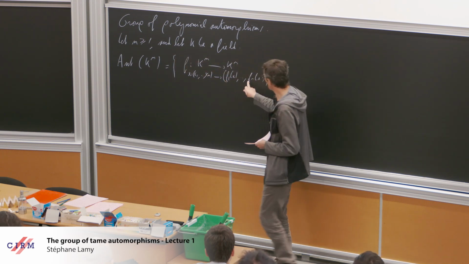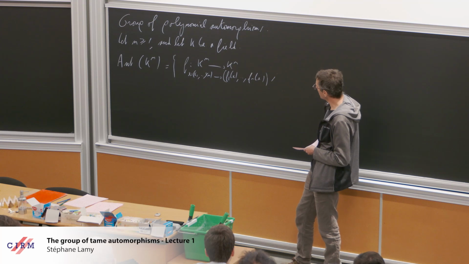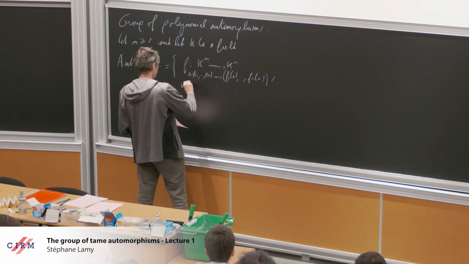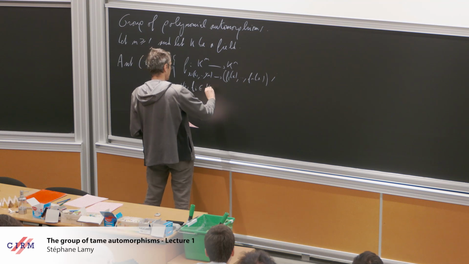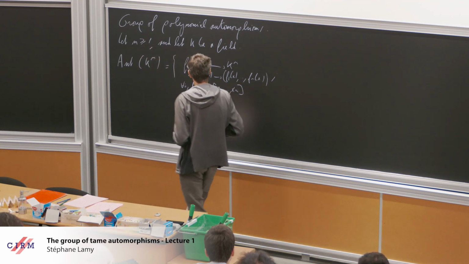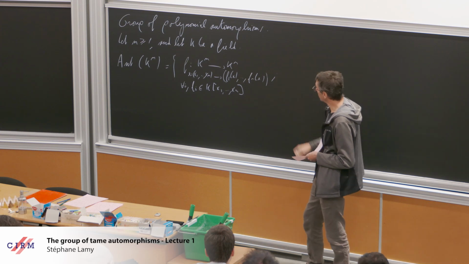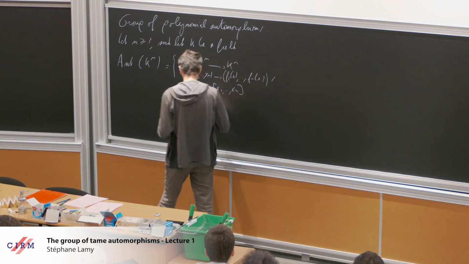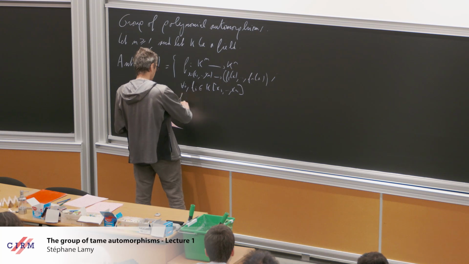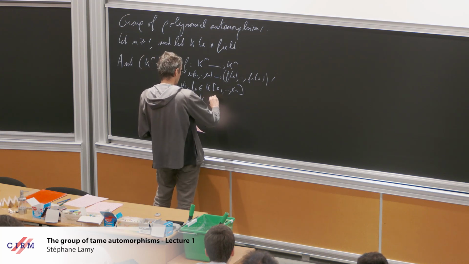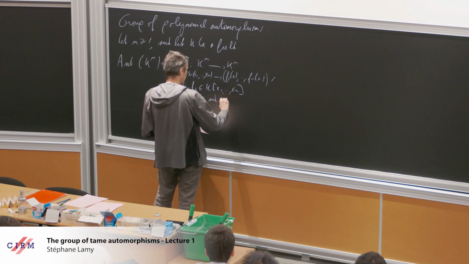So you want each component fi to be a polynomial. So that will be a polynomial map, and I want an inverse map of the same form. So f^-1 exists and is of the same form.